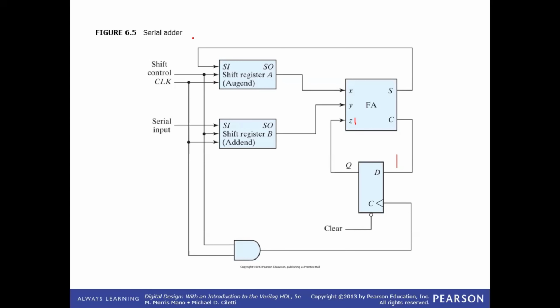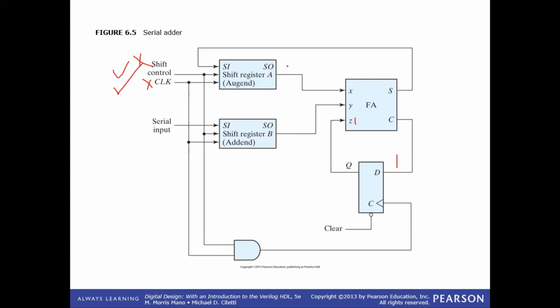If clock is not active and shift control is not active, then this one should not be transferred to this Z. This should be transferred to Z only and only when both the shift control and the clock are active.